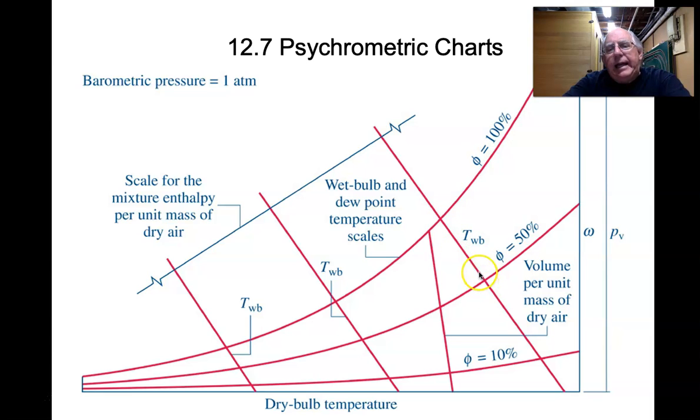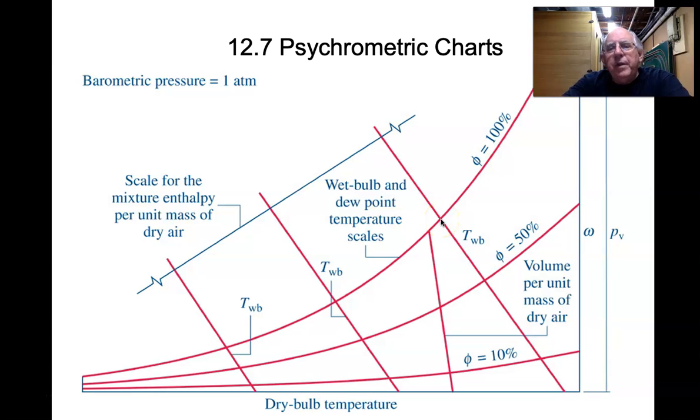If I did that in an adiabatic fashion, in essence, I'm taking energy from the dry air to cause the liquid water to turn into a vapor and join the rest of the vapor in the mixture until it reaches the 100% relative humidity point. This line right here is the adiabatic saturation process, and it runs into the 100% relative humidity line at a given point.